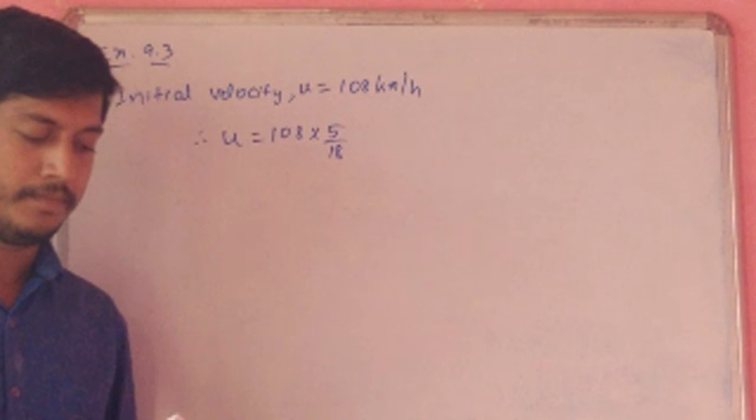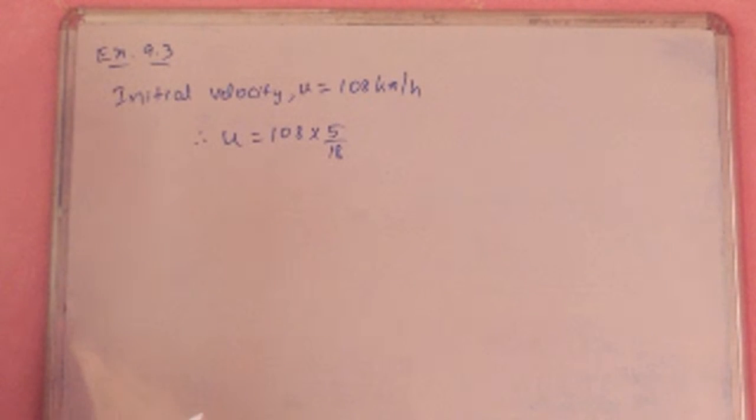Comment me the answer. So 108 into 5 divided by 18 meter per second.